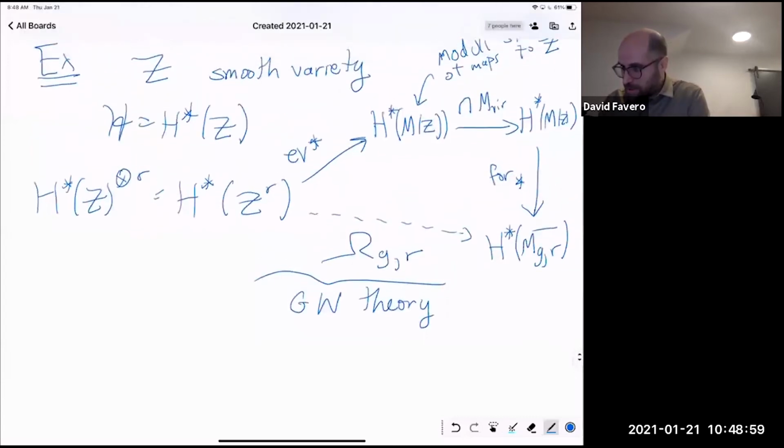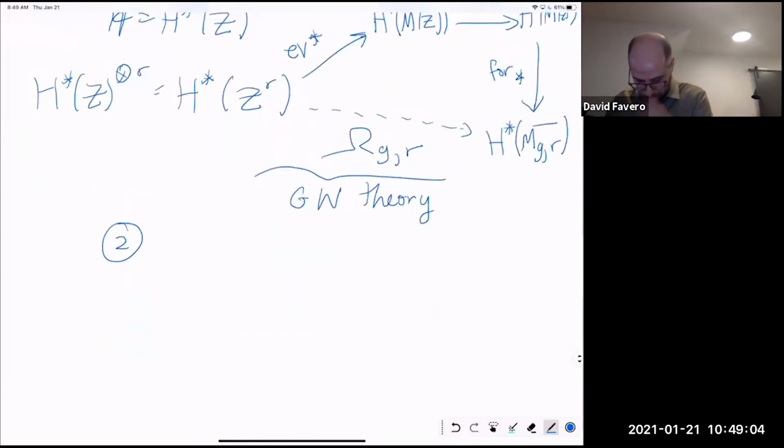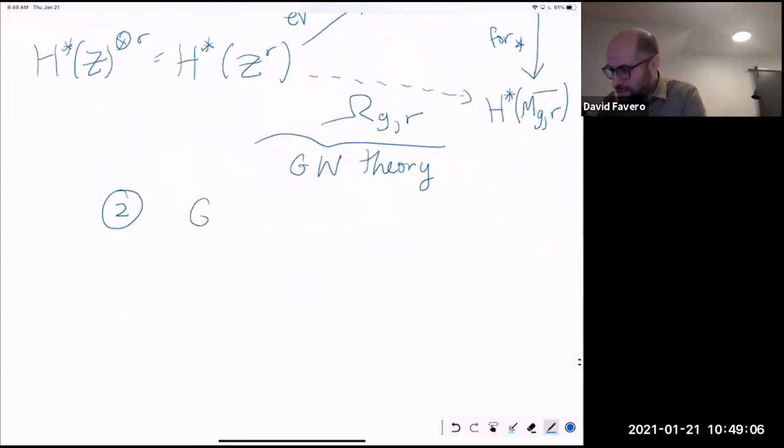So this was example 1. Example 2 is that G is a finite abelian group acting on A^n.